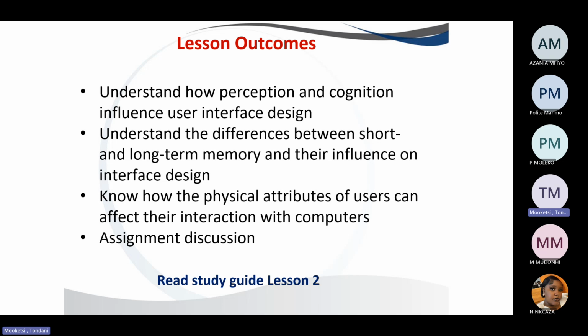I believe you had an assignment that was due this week, so we can also talk about that. I'm not going to go through the topics in detail. I'll only cover the important concepts that you need to understand. So for the detail, you can go read your study guide, lesson 2, to get the details.